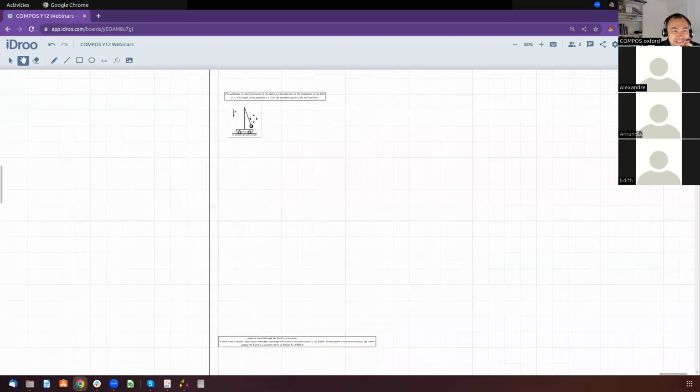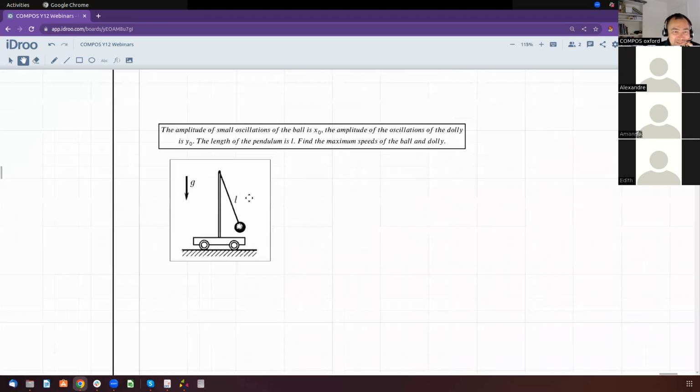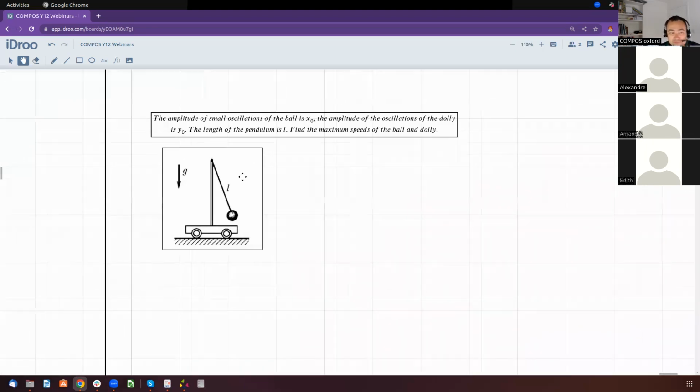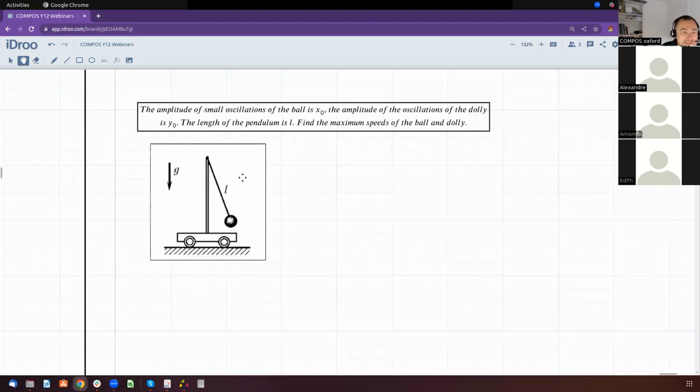And this dolly looks like a very similar one, yet it is a very different problem. Here, the mass of the pendulum is m, the mass of the dolly is capital M, and the ball is oscillating.